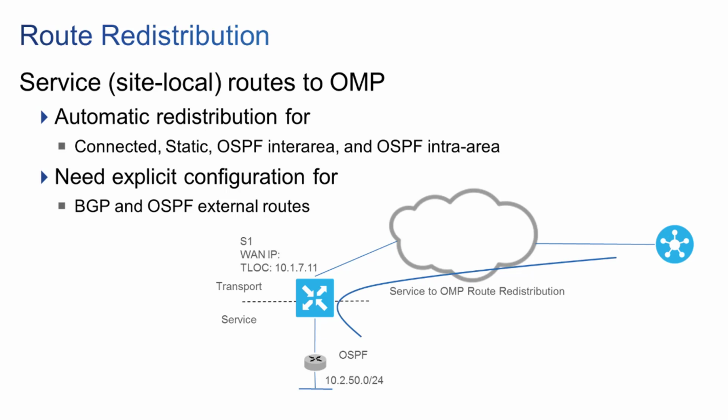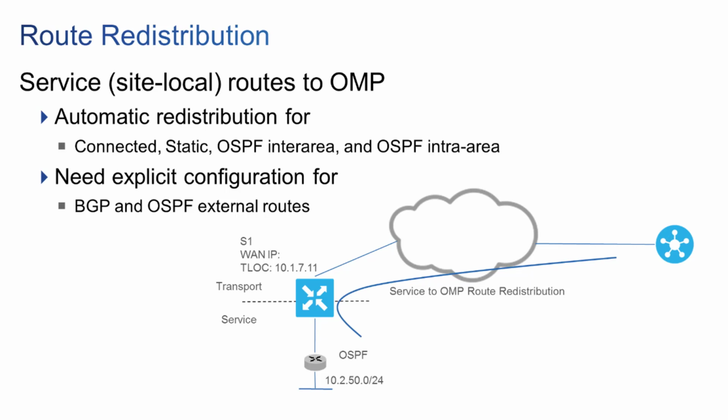So typically we would represent that system IP or system address as some sort of loopback interface or some sort of interface that's not going to change. All right, the encapsulation, like I said, can either be an IPsec or a GRE encapsulation. 99% of the time it's going to be an IPsec encapsulation.